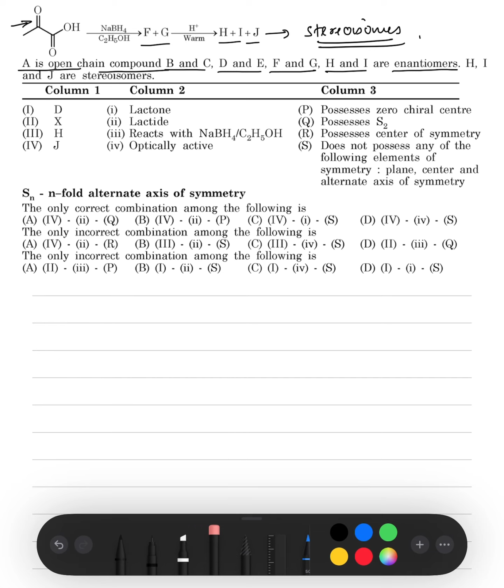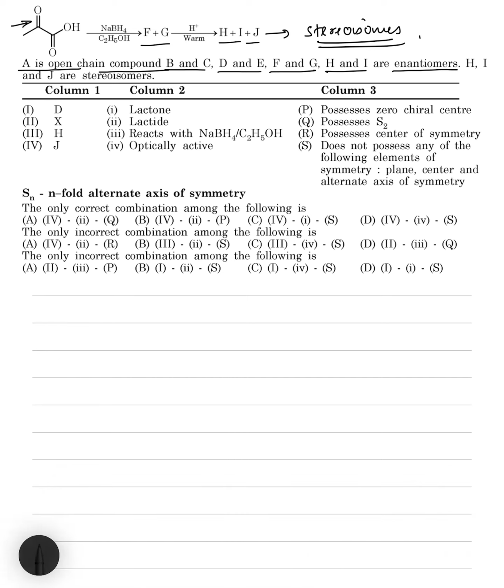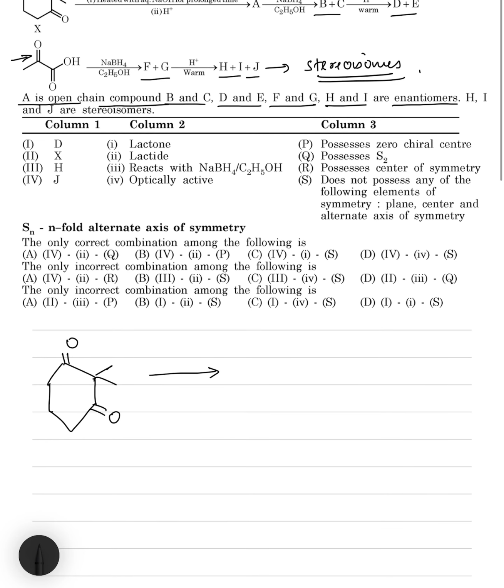Now the question says this reactant is reacting with sodium hydroxide for a prolonged amount of time. In this molecule we have two sites where alpha hydrogens are present, right? But even if we remove the alpha hydrogen, I don't see any way this reaction proceeds further. So in this reaction, there will be a nucleophilic attack.